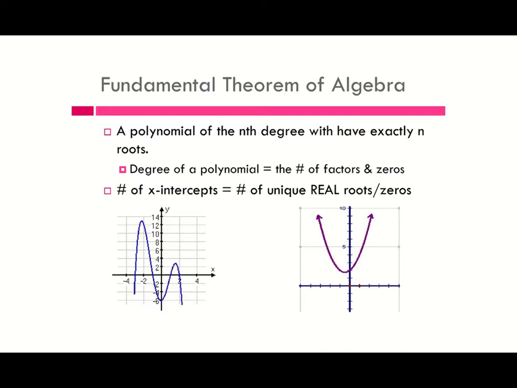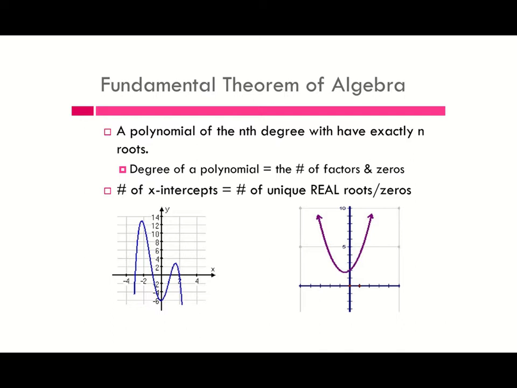Now, in the last unit, the degree was how many x-intercepts, how many times it was going to cross the x-axis. The number of x-intercepts that a polynomial has is the number of real roots or zeros. Now we know about imaginary numbers and complex numbers, so we may not always have the same number of x-intercepts as the degree.